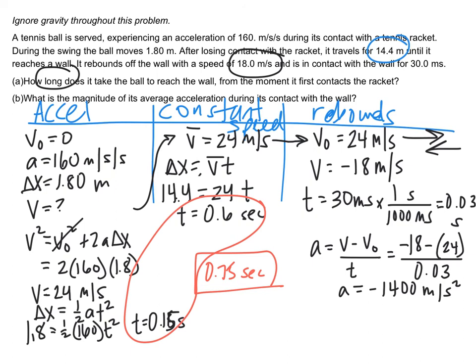It just means that it points towards the left-hand side, which means it could be increasing the speed or decreasing the speed, depending on which way the velocity points. But my final answer I should just state as a positive because the question asked for magnitude. So my magnitude of a is equal to 1,400 meters per second squared.